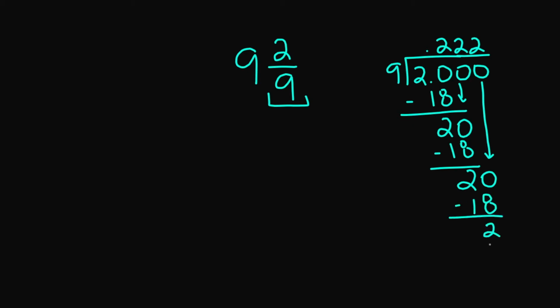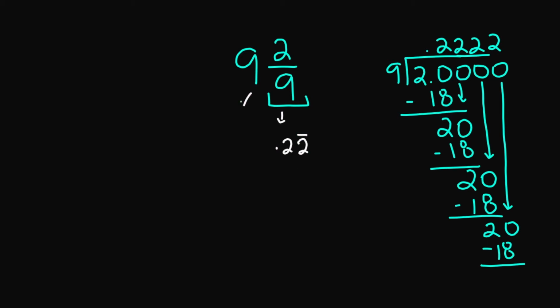And as you can see here, we do have a repeating decimal. So 2 divided by 9 is going to give us 0.2 repeating.